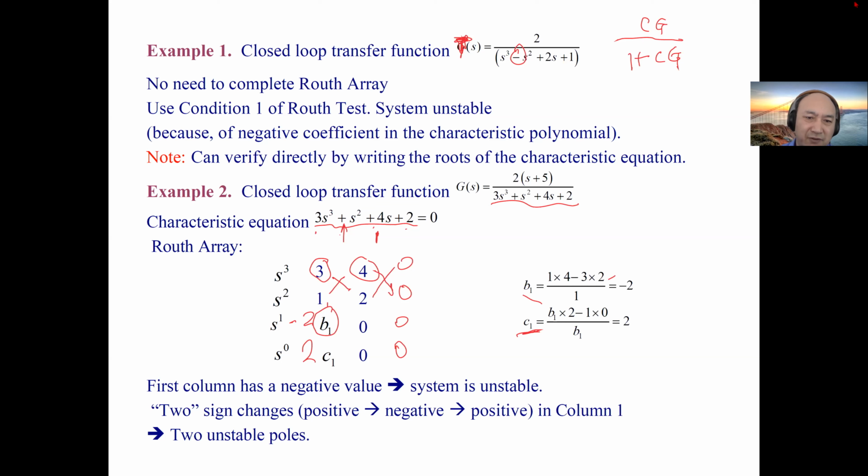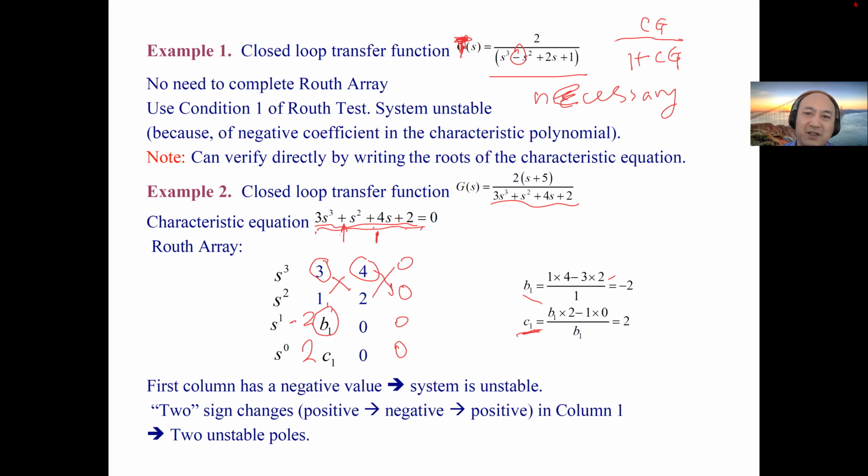So you can see from this first column, you have 1, 2, 3, 4. Okay, so you have a sign change. They are not the same sign, so the system is unstable. So this one, although all the coefficients are positive, it's necessary, but not sufficient.